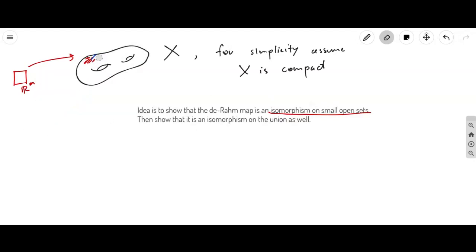Because this is a manifold, it's locally going to be homeomorphic with R^n.